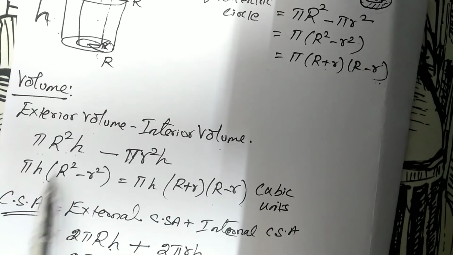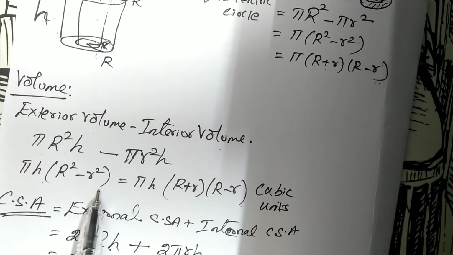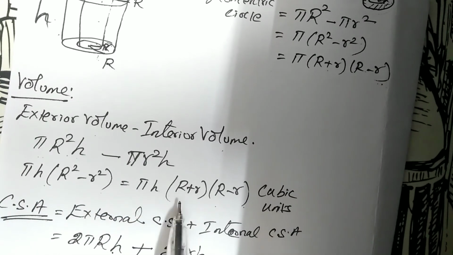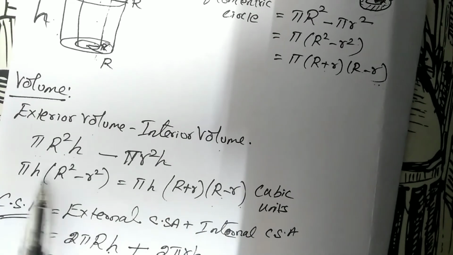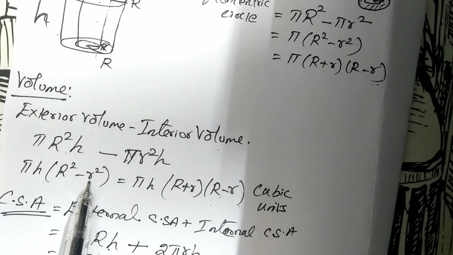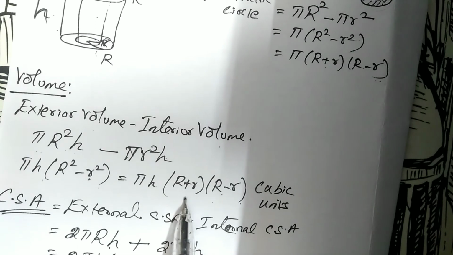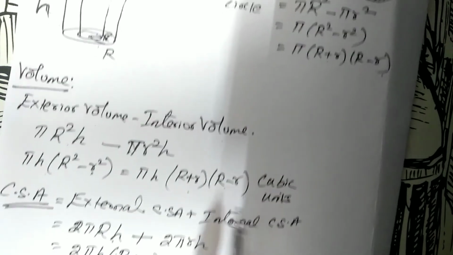Take it out: R squared minus r squared. So pi H into (R plus r) into (R minus r), because R squared minus r squared is like our algebraic identity: a squared minus b squared, we split into (a plus b) into (a minus b).